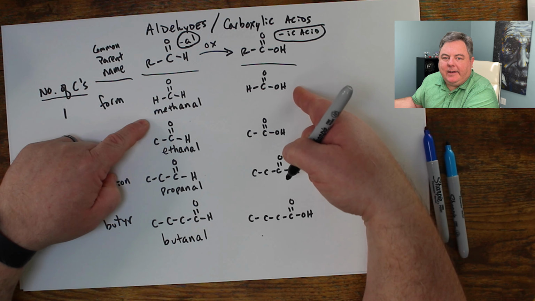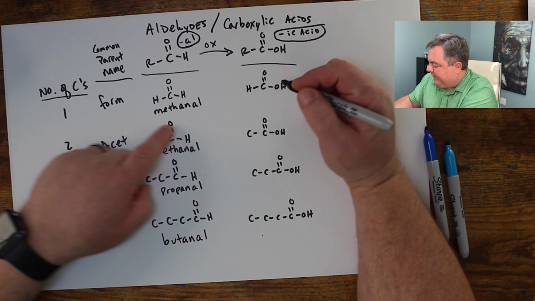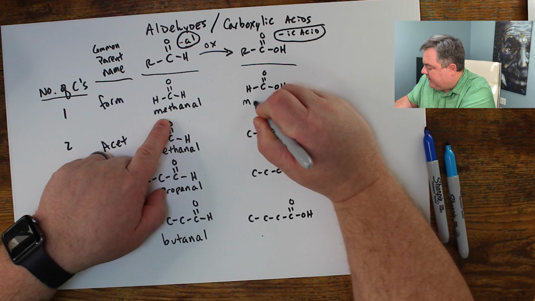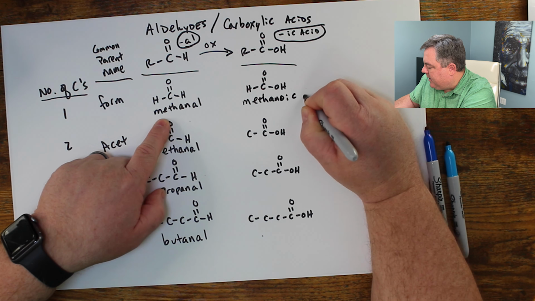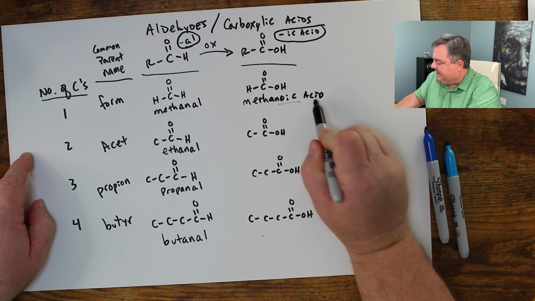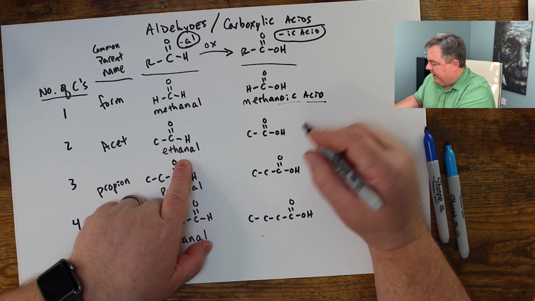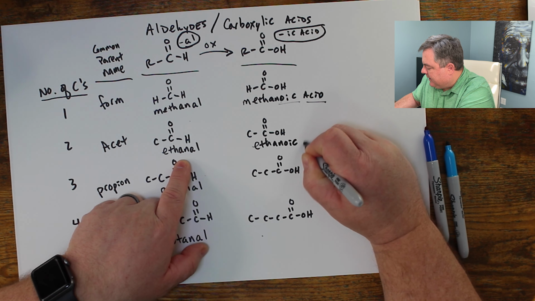Now these end in ic acid. Carboxylic acids end in ic acid. So instead of methanal, this is methanoic acid. So ic acid or oic acid ending. Ethanal becomes ethanoic acid.